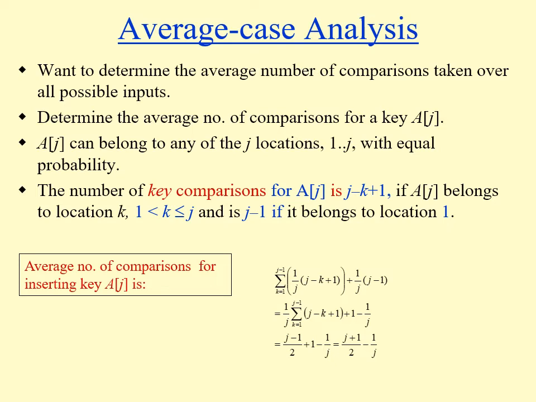The key is less than AI, so that means this key is already larger than the element in front of it.